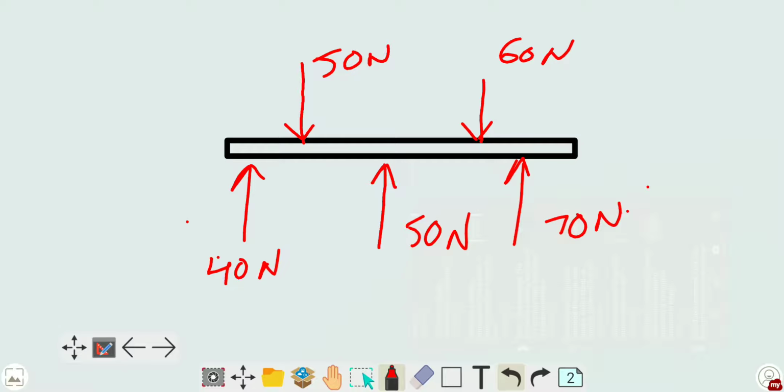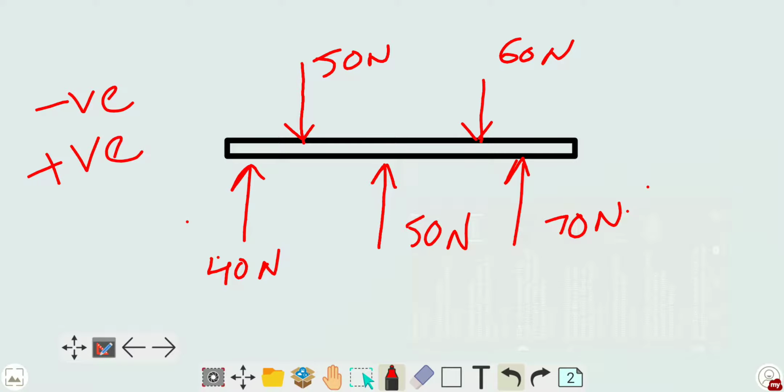So let us add all these 5 forces and find out the total or final force. The forces which are heading down are taken as negative, and the forces which are heading in the upward direction are taken as positive, or else vice versa.